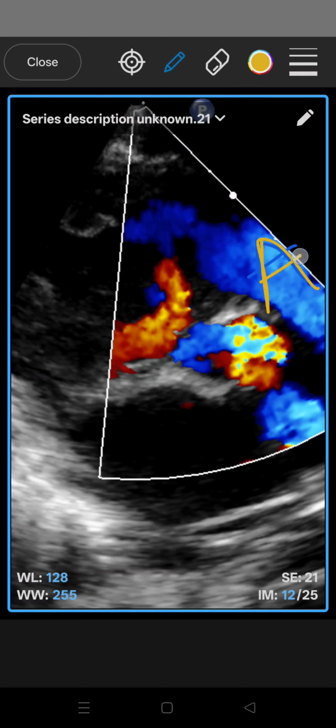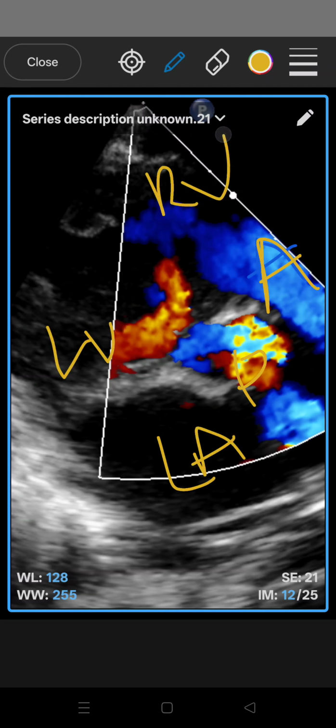This is aorta, this is pulmonary artery, this is left atrium, this is left ventricle, and this is right ventricle. So you can see this is VSD. Here the VSD has left to right flow. The initial part of the direction is like this and like this, both are parallel. So the initial part of the great arteries should be compared, and that is parallel, which means transposition of great arteries.